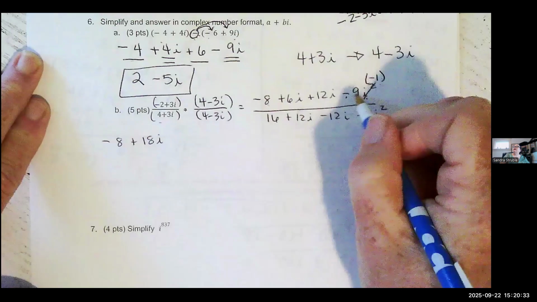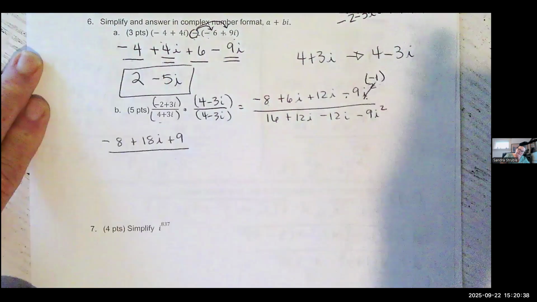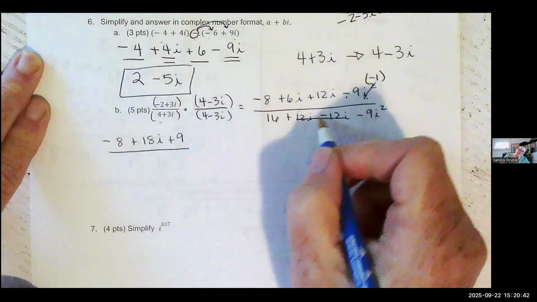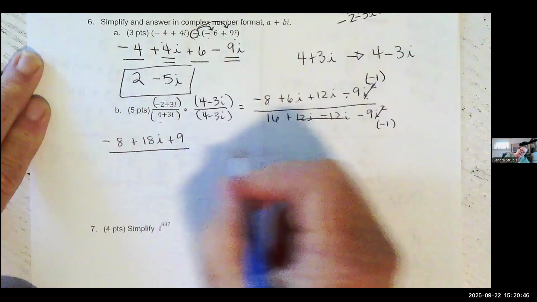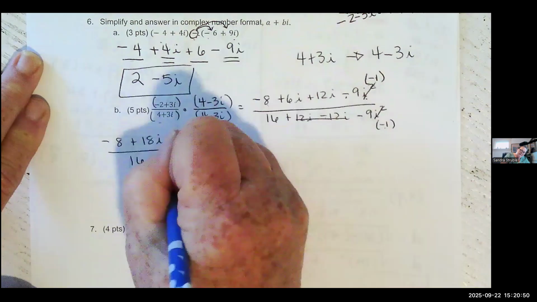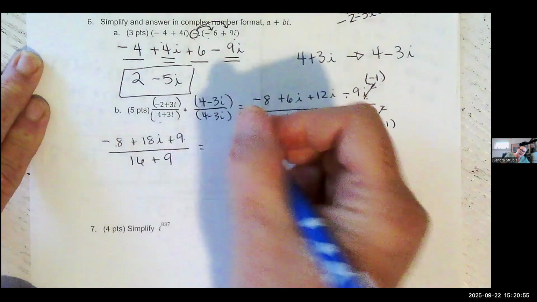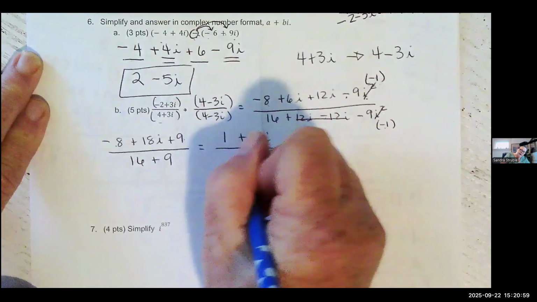So -9 times -1 is +9. Over 16, the 12i and 12i are gone because they're subtracting. And again, i squared is -1, so this is 16 plus, because negative times a negative, 9. Finally, in the numerator, -8 plus 9 is 1 plus 18i over 25.